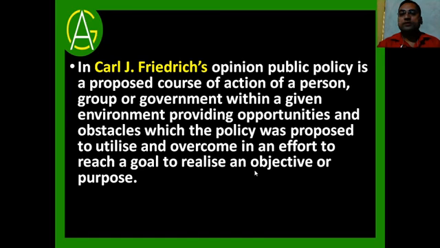So first the objective was prepared. The objective was to achieve 7% industrial growth, and now in order to achieve that, so many actions are taken. The set of all these actions is considered as policy. Here these actions were related to the industry, so that is considered as industrial policy.